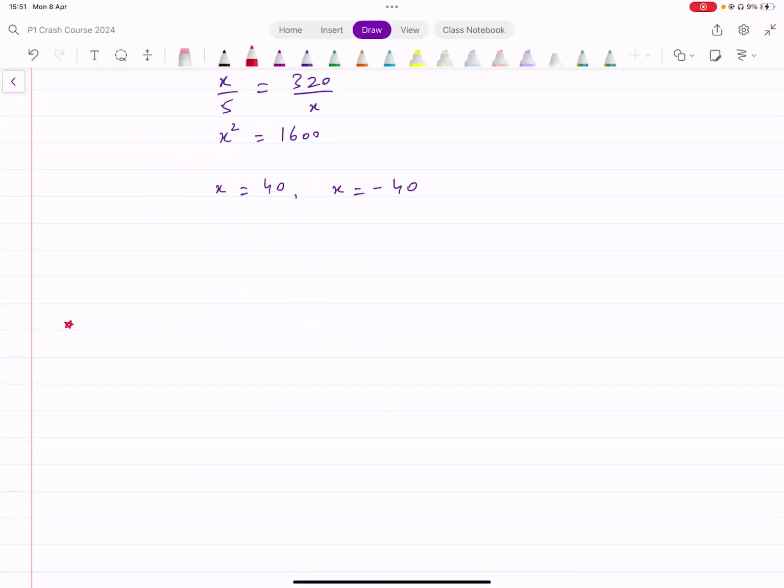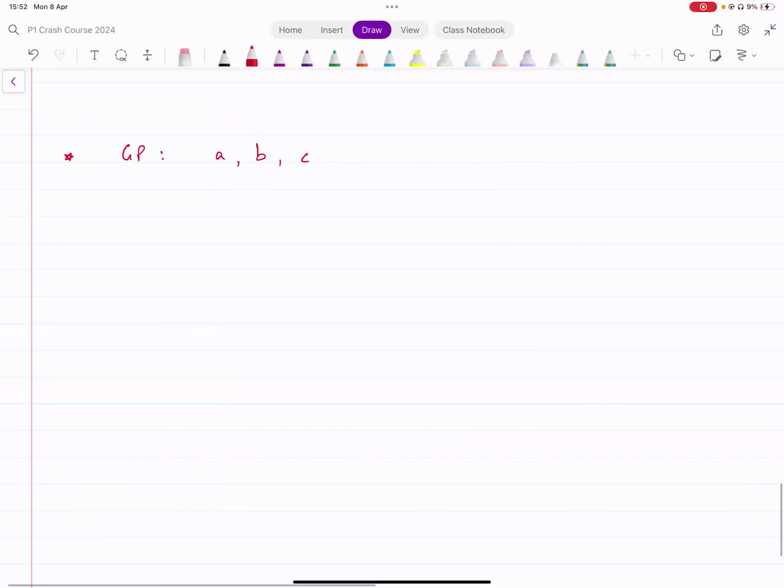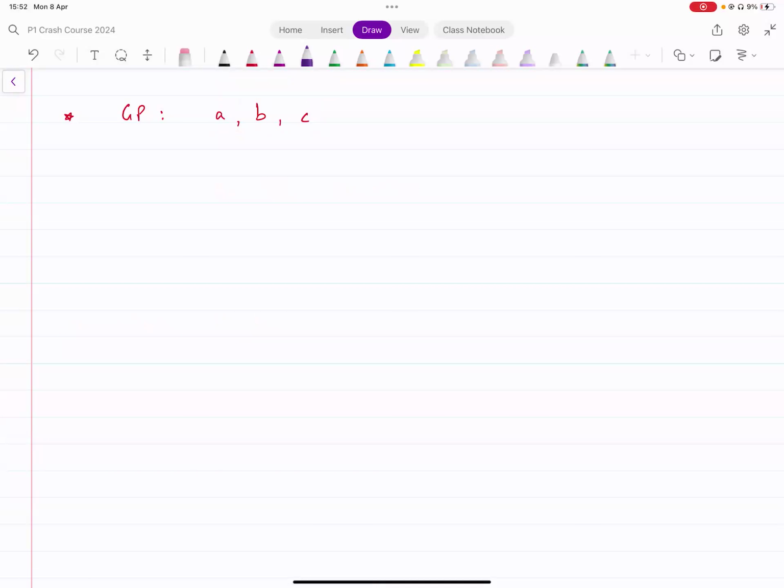And this is very helpful in some questions. Instead of using the term formula, it's going to make your life easier if you just use this. If you have 3 consecutive terms like this, A, B, and C, you can say B over A is supposed to be the same as C over B. B over A is supposed to be equal to C over B. This is an equation that you can make from this directly.